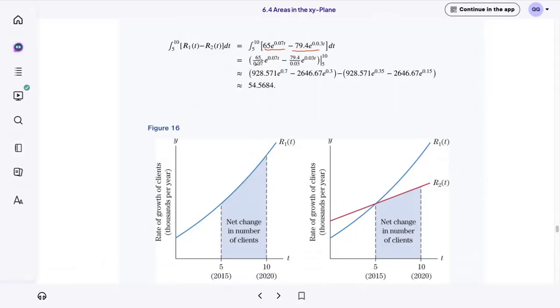We anti-differentiate the first one, we just divide by 0.07. Anti-differentiate the second one, we just divide by 0.03. Then we evaluate, which involves e. So that's how we use this model in life applications.